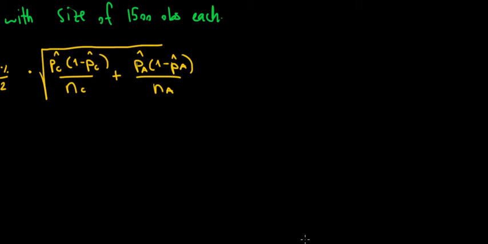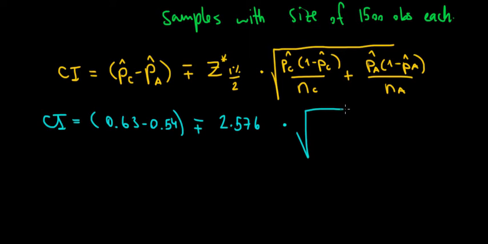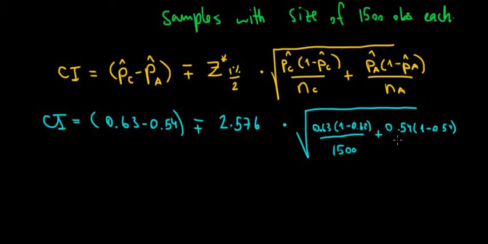So we have 0.63 minus 0.54, plus minus the z critical value at the 99% confidence level, which is 2.576, multiplied by the square root of, again using the sample proportions, 0.63 times 1 minus 0.63 over 1500 observations, plus 0.54 times 1 minus 0.54 over another 1500 observations.